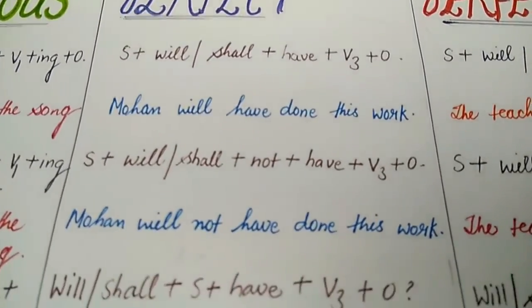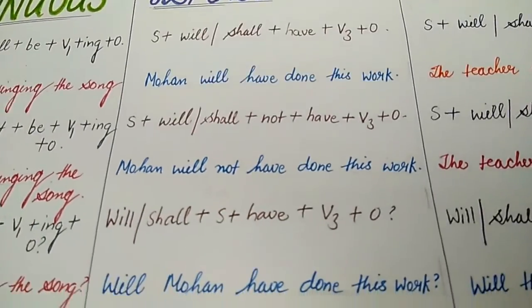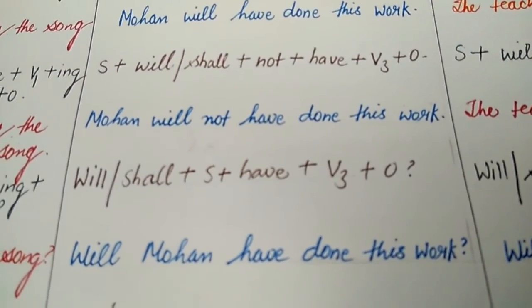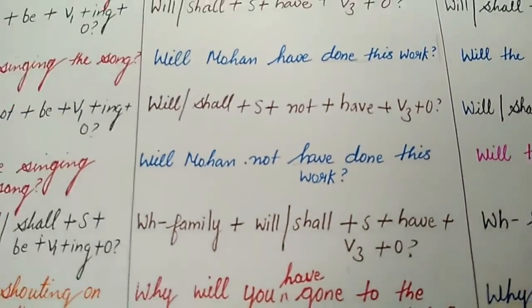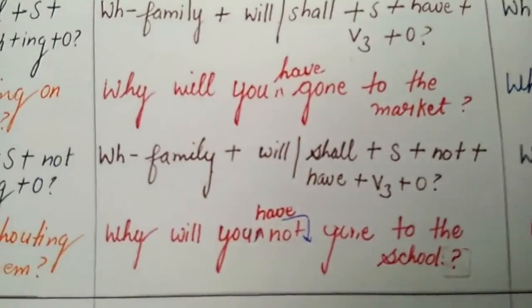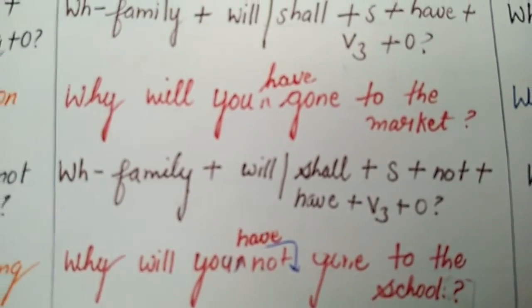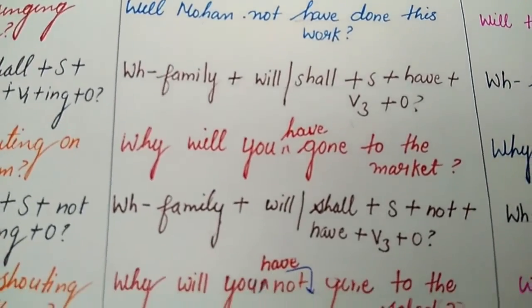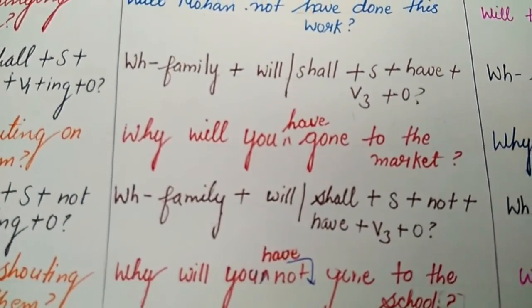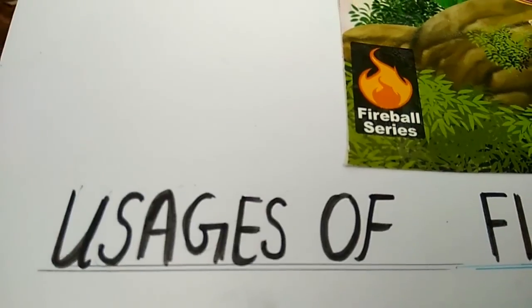He also talked of negative sentence structure, interrogative, WH question, and finally WH negative structure of this tense, with examples. Let us think about usages of future perfect tense.